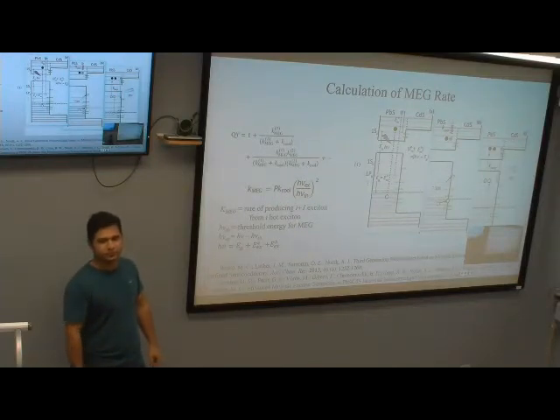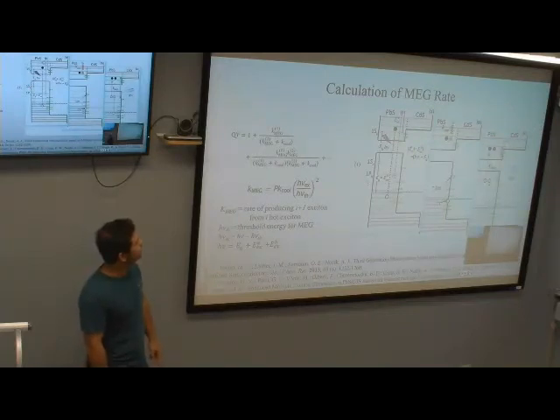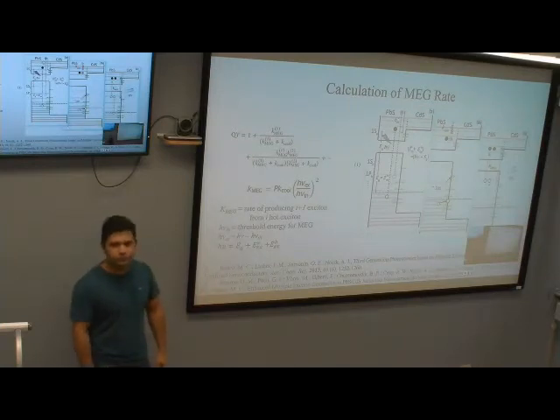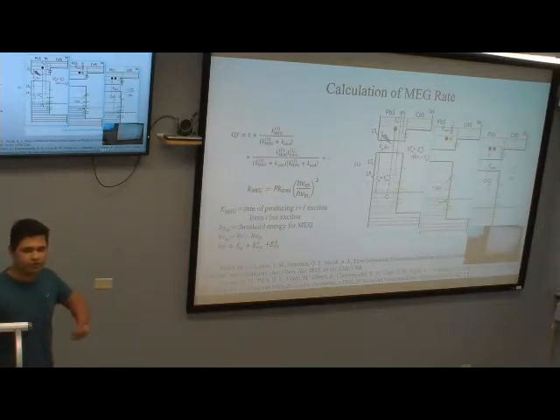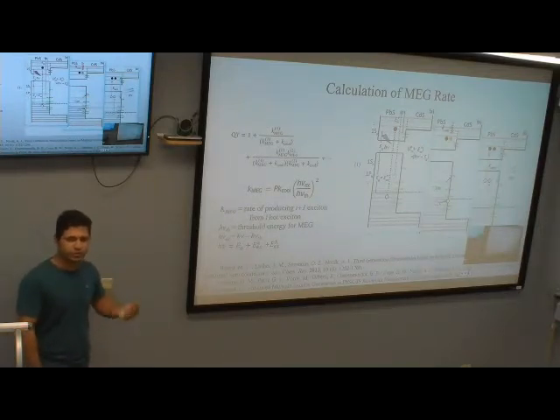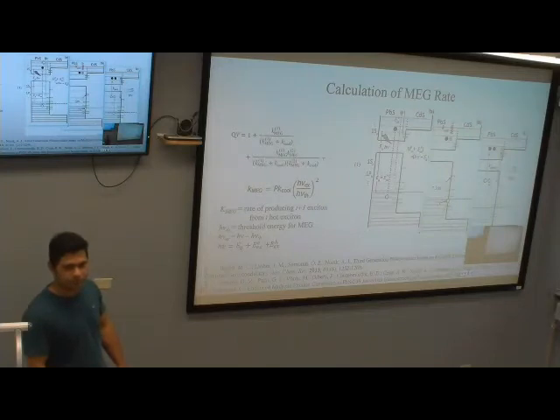So maybe if the rate of MEG is higher, then the rate of cooling is lower, right? Yeah. If it is smaller, then it will increase the impact ionization probability, and ultimately you will get more MEG. So that's the limiting case. It's not possible in a real system.